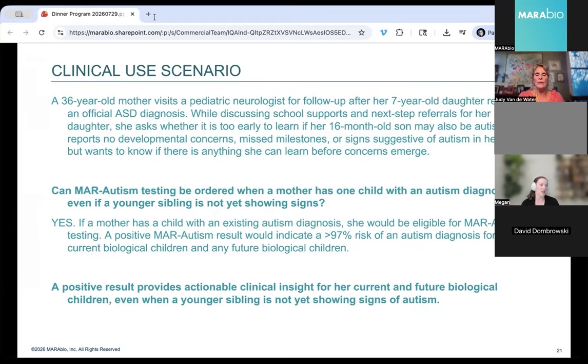And let's say if this test came back positive for this mother, it would indicate greater than 97% risk that that 16-month-old would go on to have an autism diagnosis.